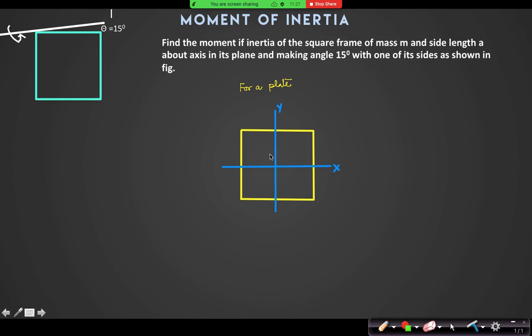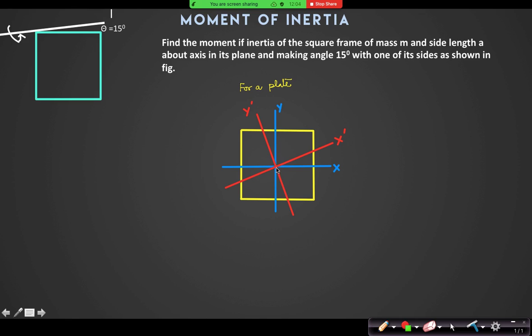Now, can you consider another two axes like this, to be my x prime axis, and just perpendicular to this, my y prime axis? On the same plane, I have rotated the xy axes by an angle theta.